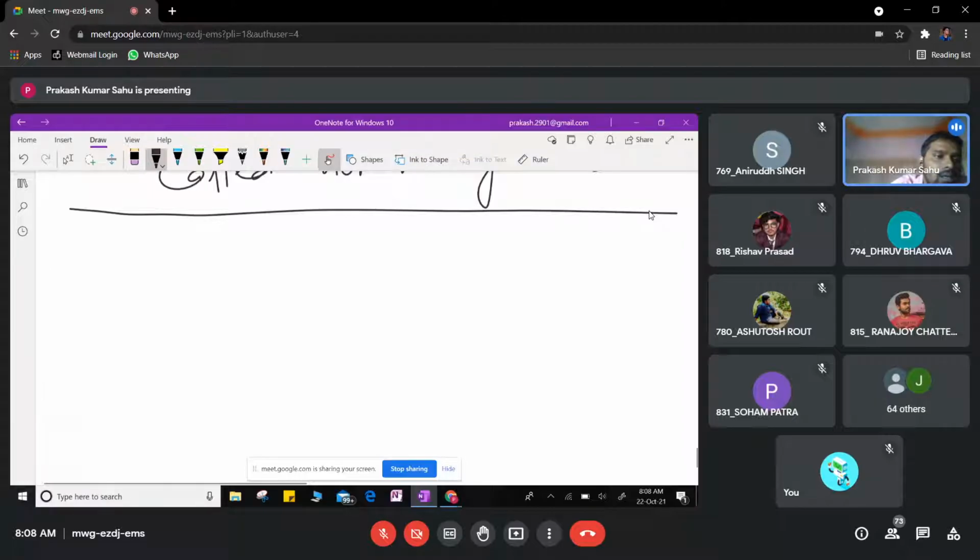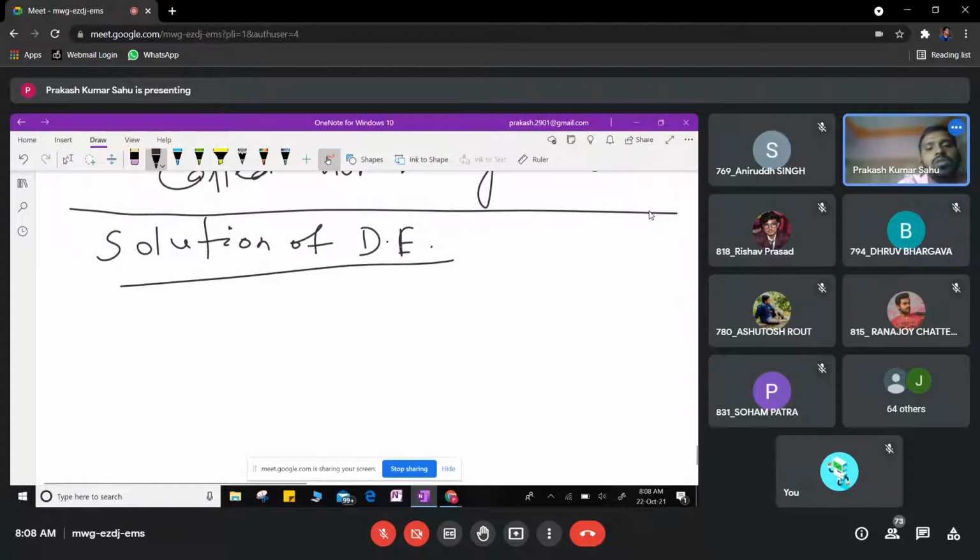The solution of a differential equation. In general, what is the solution? We satisfy the differential equation.